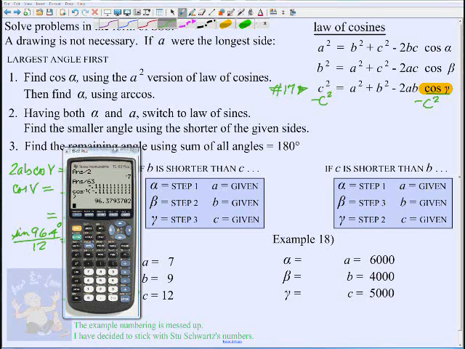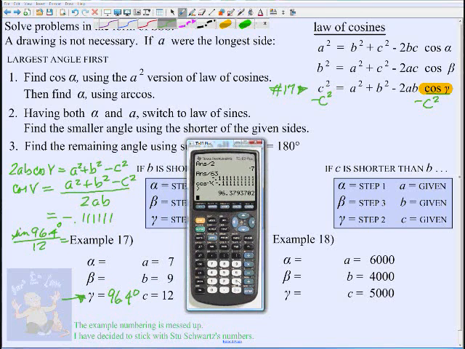Let's move this a little more so we can see everything. Sine of, and I can use what I've got on my calculator, be a little more accurate. It prevents me rounding prematurely. So the sine of that angle divided by 12 will give me my law of sines ratio.